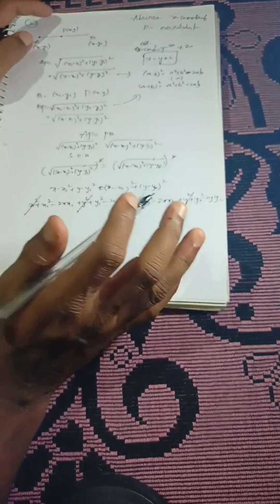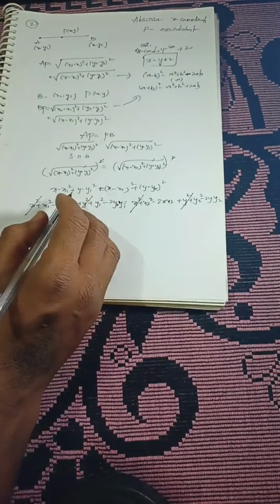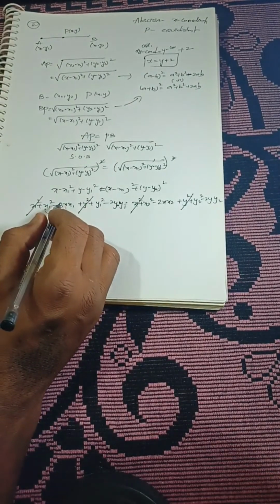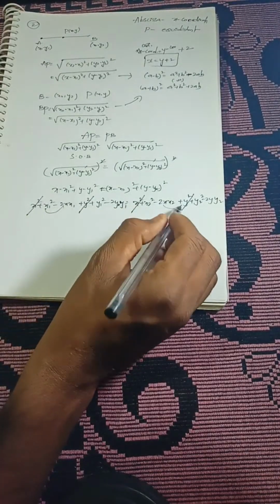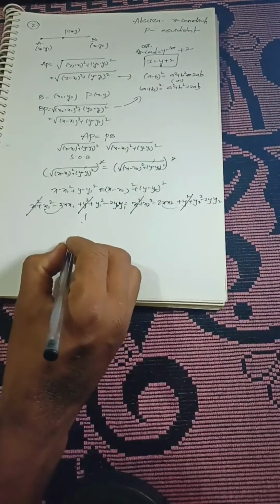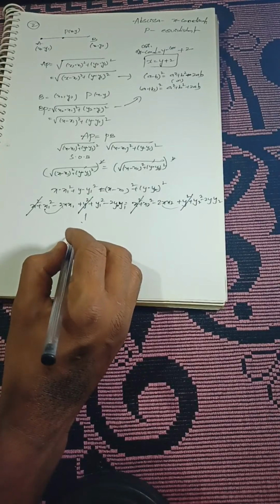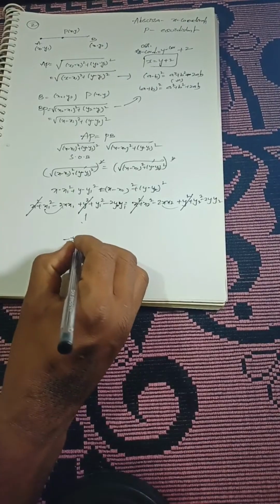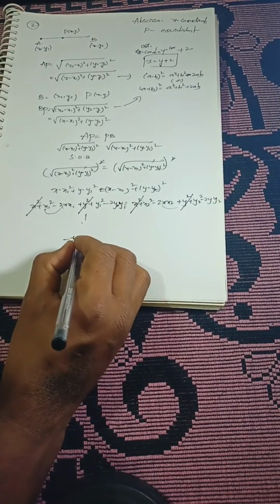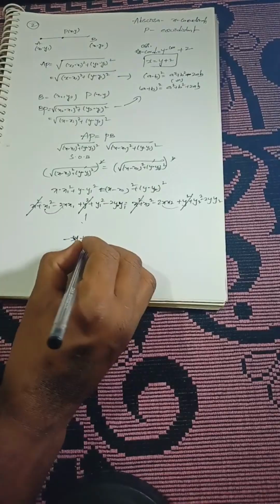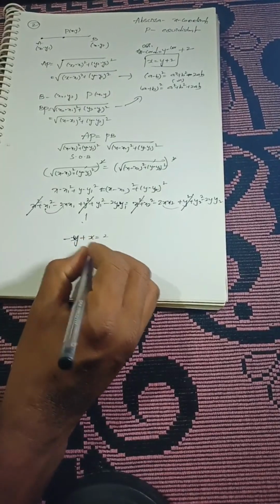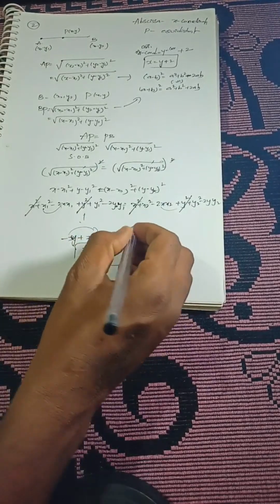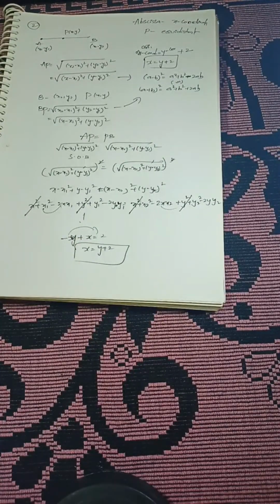Here also there is a possibility of changing the x square and 2x terms, and we are getting values finally. After solving, we get minus y plus x is equal to 2. Finally x minus y, going to the right hand side, y plus 2 you have to get finally. Lastly you have to get this value.